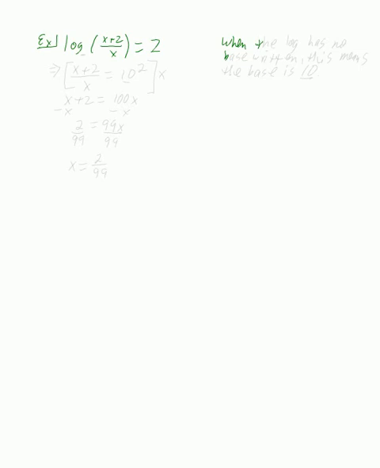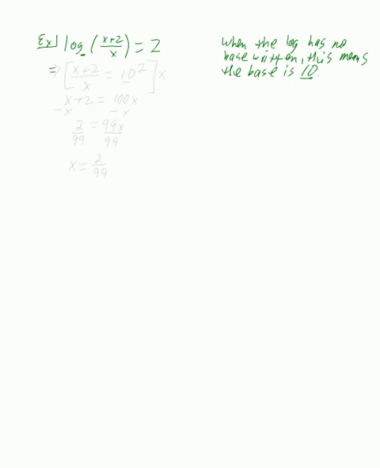When the logarithm has no base written, this means the base is 10. This is referred to as the common log. So if you'll notice here, we have no base, which implies that the base is 10.